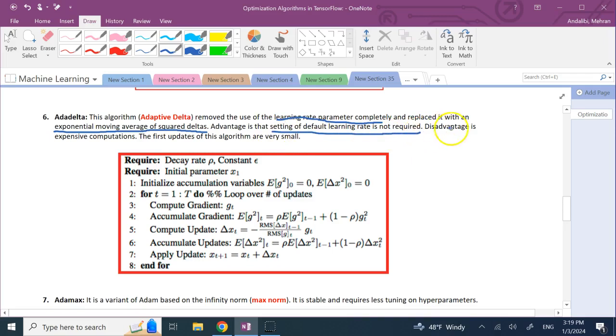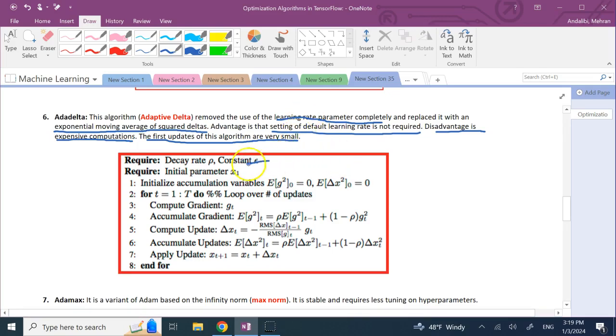That is good. The disadvantage is it is computationally expensive. The other disadvantage is the first updates on this algorithm are very small or slow. So initially this algorithm, exactly opposite to many other ones, starts slow and then gains momentum. Keep that in mind.